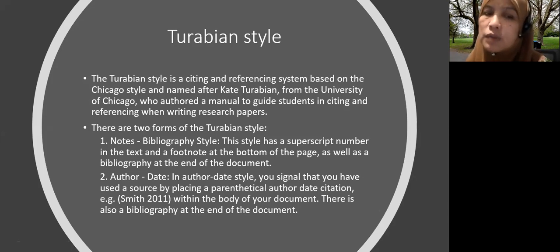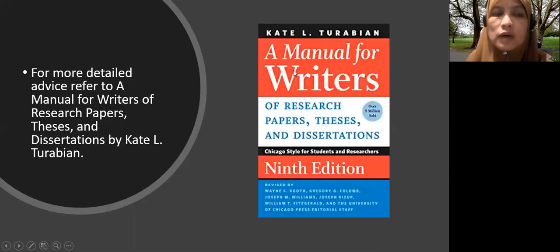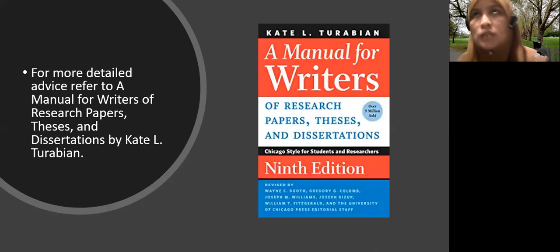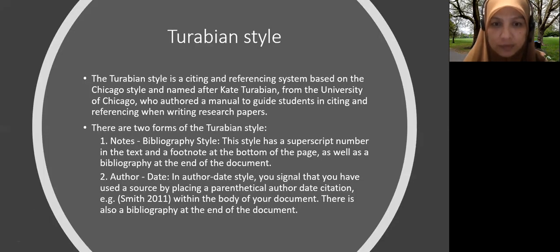So for example, you read Wilfred Cantwell Smith in 2011, then you put Smith 2011, yeah, without the comma. You'll check with the material, because I've never used Turabian style. I've never actually encountered any work using Turabian style, because maybe if I want to find materials in Turabian style, I have to refer to the work published by the University of Chicago, if I'm not mistaken.